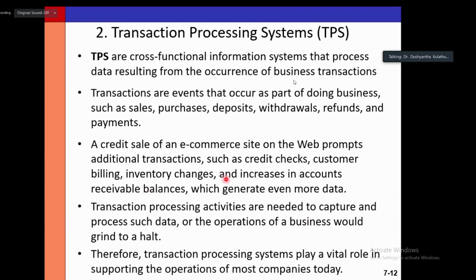So that is why we can highlight it as a cross-functional process which involves two or more functions. Therefore, when a particular transaction takes place in an organization, there is a possibility that additional transactions happen which are related to other functions.